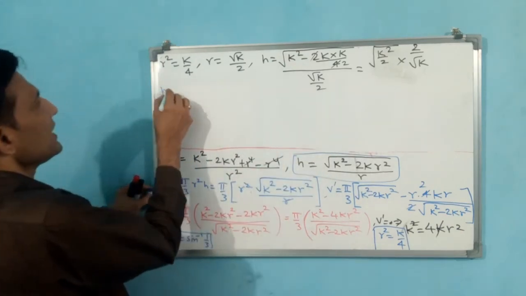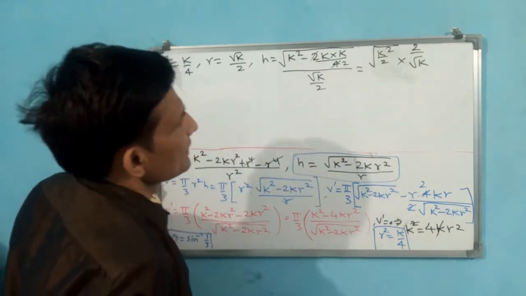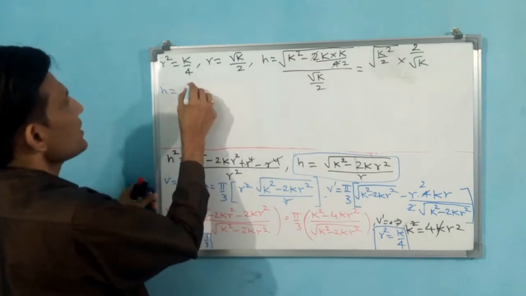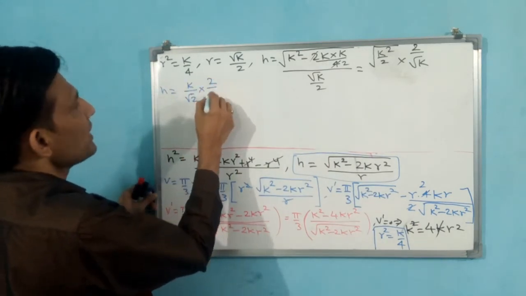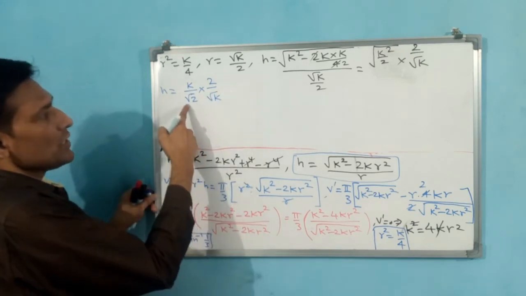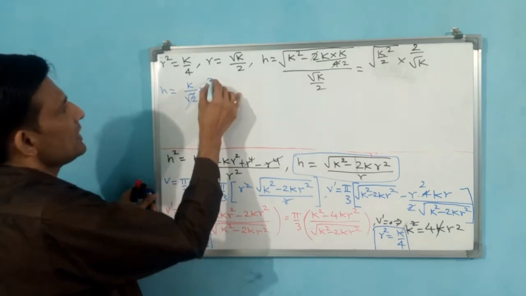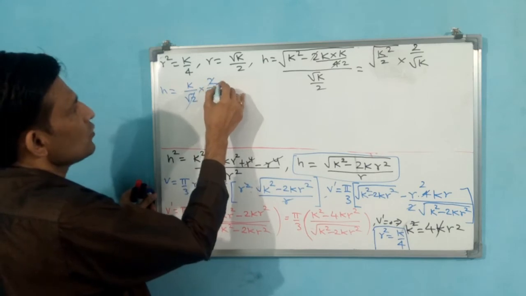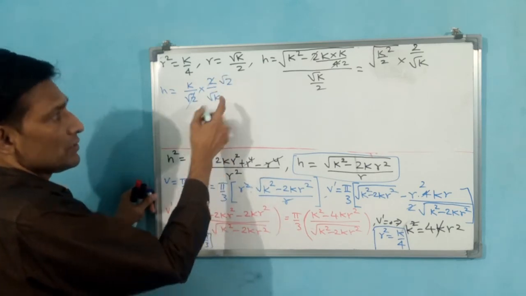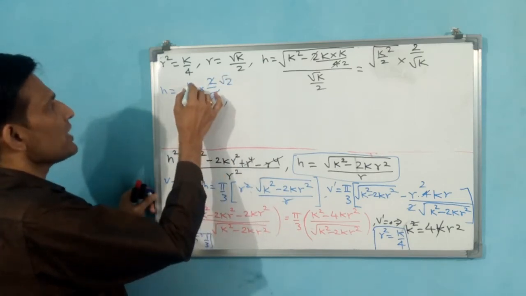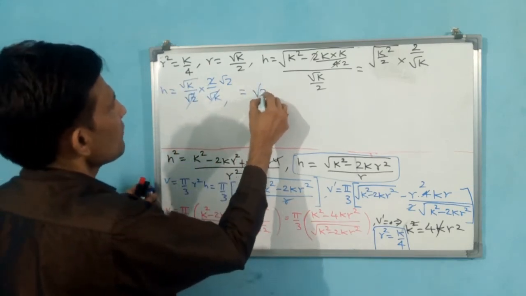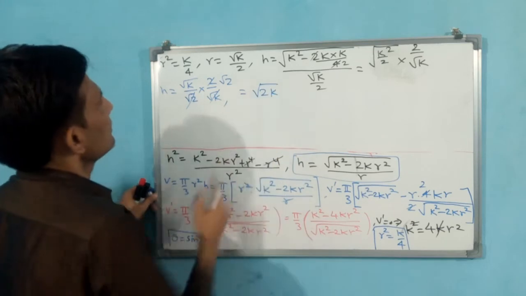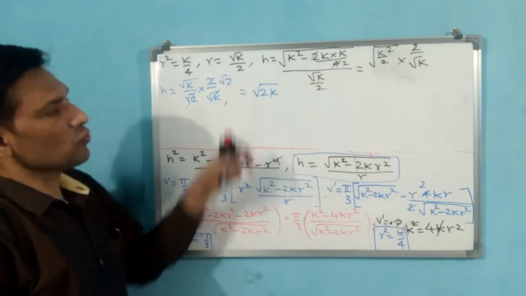H is equal to k, divided by root 2, into 2 by root k. Root 2 cancels, root k cancels. Finally, root of 2k will come. H is equal to root of 2k.